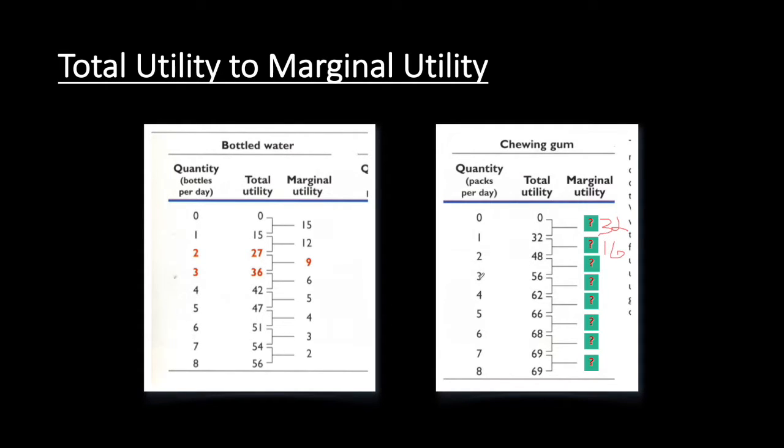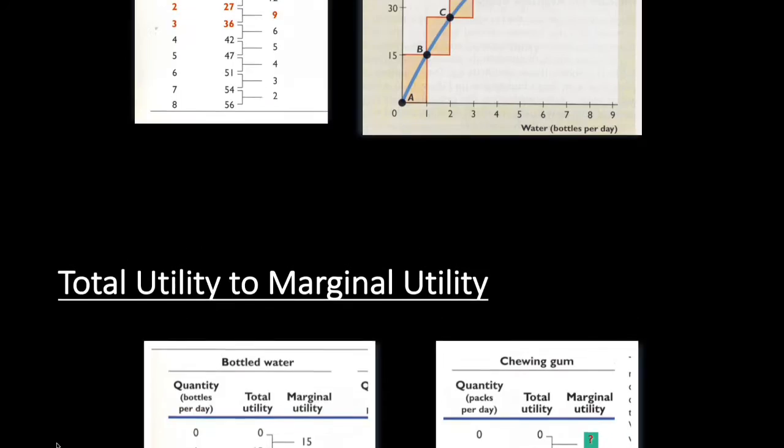And as I go from 2 to 3, my total utility would increase from 48 to 56. My marginal utility would be 8, and so on and so forth. So the more packs of gum I consume, the less marginal utility I get. That's that idea of diminishing marginal utility. The more of something you consume, the less you value it.